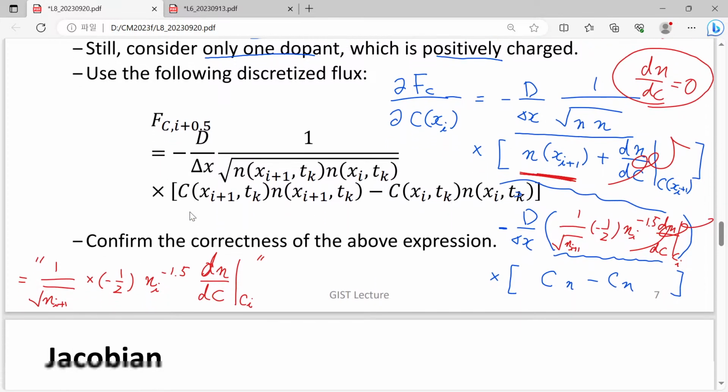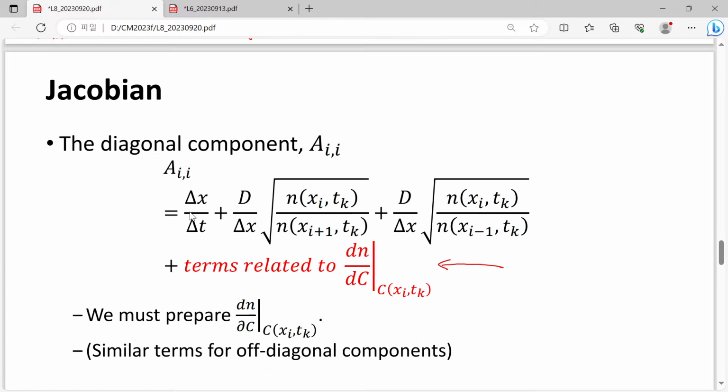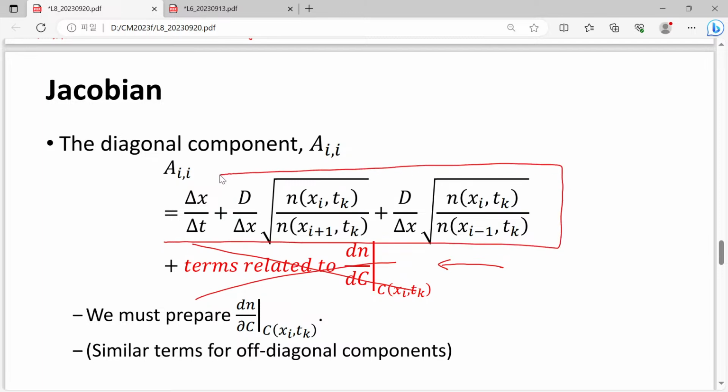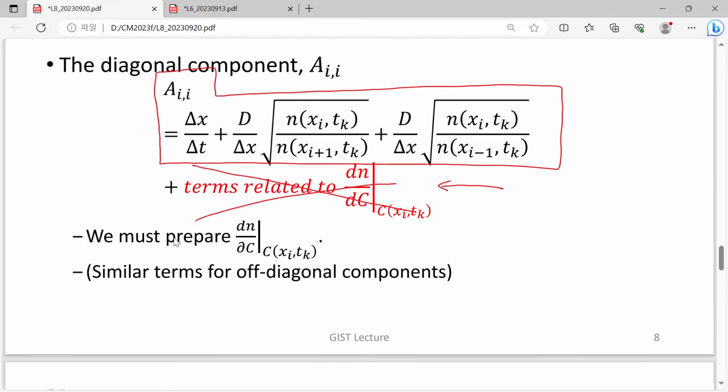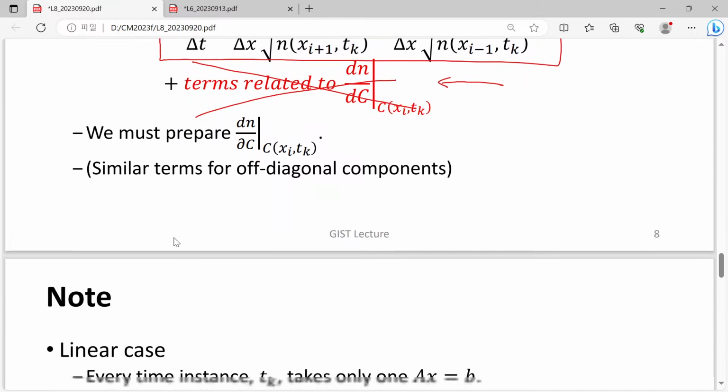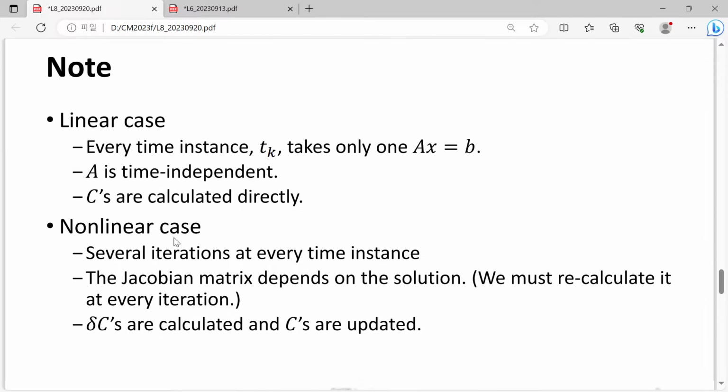However, my guide is, for a while, don't consider complicated terms. You can start with much easier terms, then you will get the solution. I have already tested it, so please believe me.